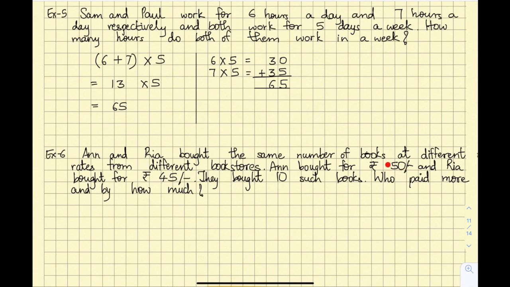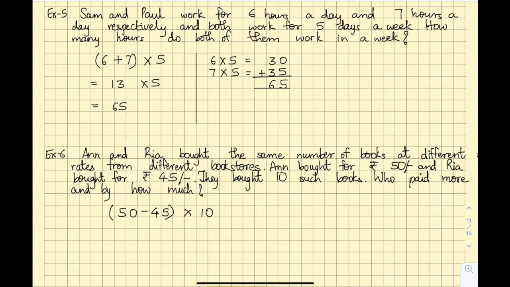So here one paid a higher price, the other paid a smaller price, but they both bought 10 copies of such books. So we are going to insert a bracket. Inside the bracket, the bigger number is 50 because that was the bigger price paid, whereas the smaller price was 45. But both bought 10 copies, and we have to find out who paid more.